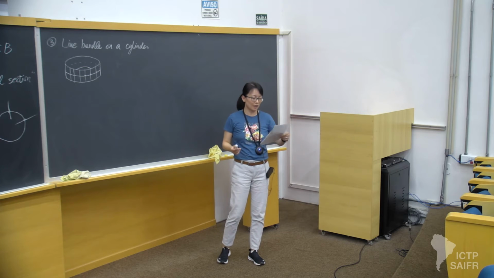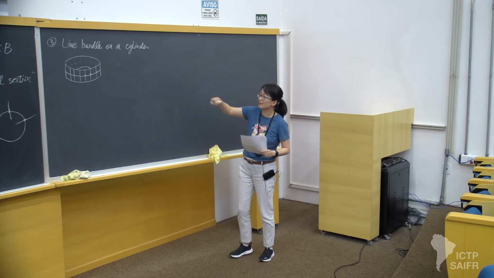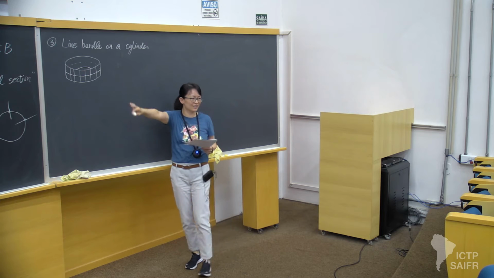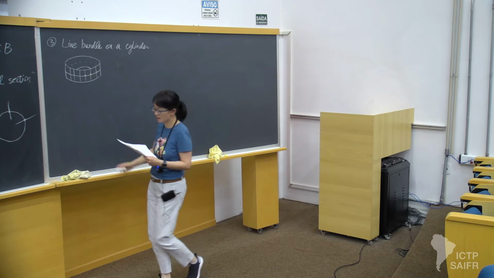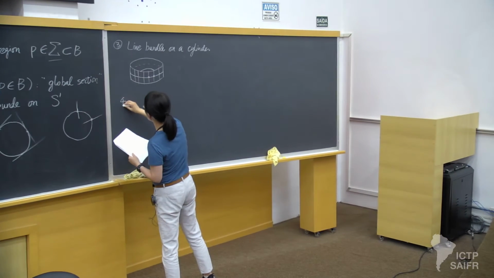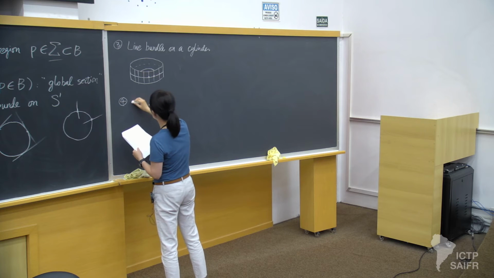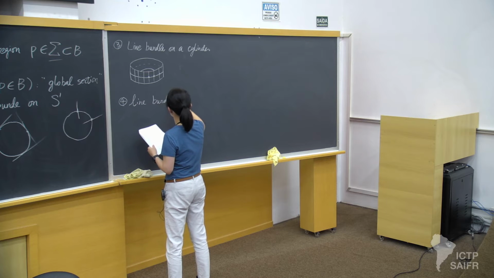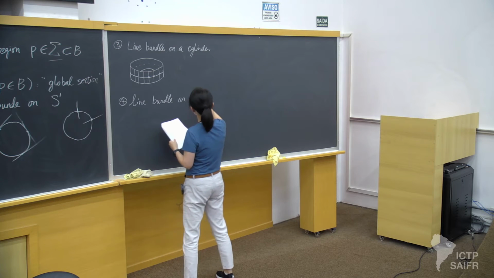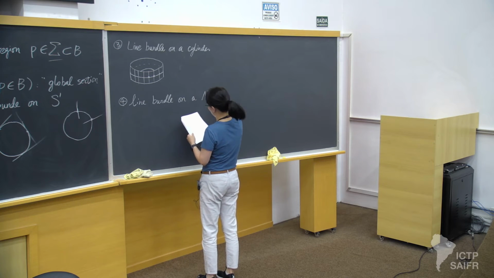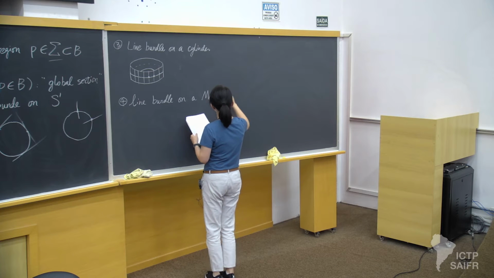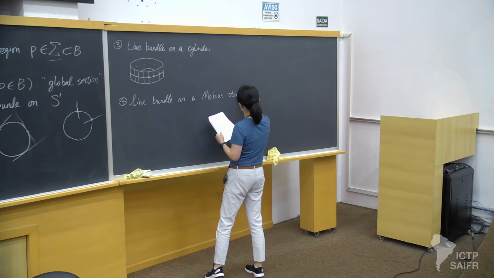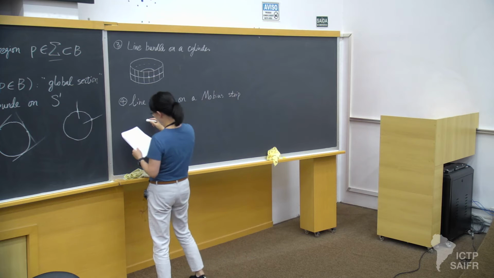Yeah, so this is sort of a trivial case, pretty similar to that. The contrasting case is I can consider a line bundle on a Mobius strip, for example, which is kind of hard to draw.